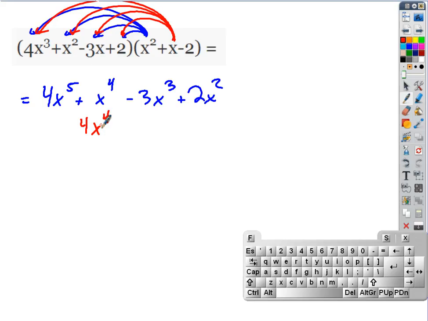So 4x to the 4th, what's next? X cubed. And finally, if we distribute that -2, now what?